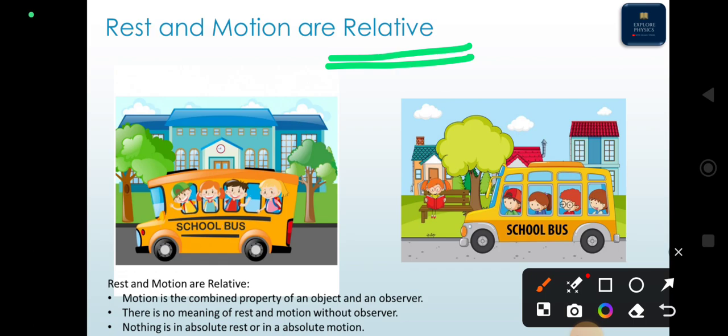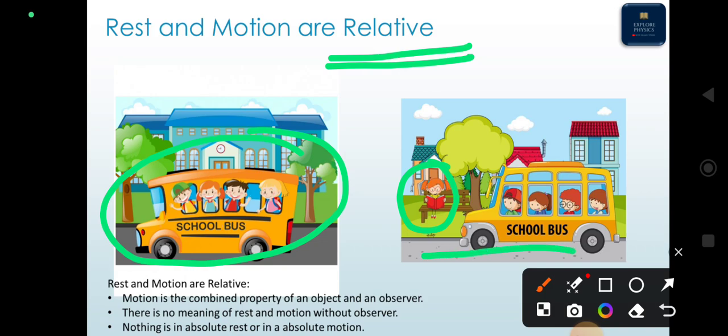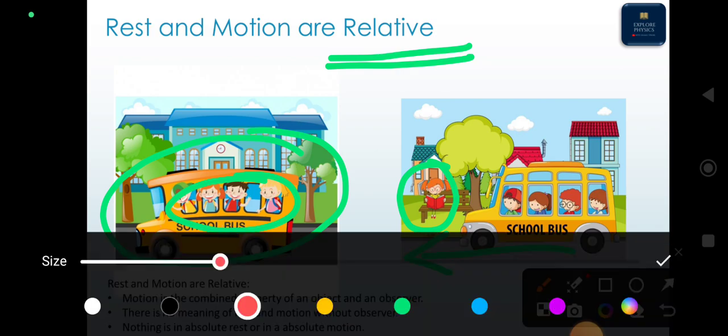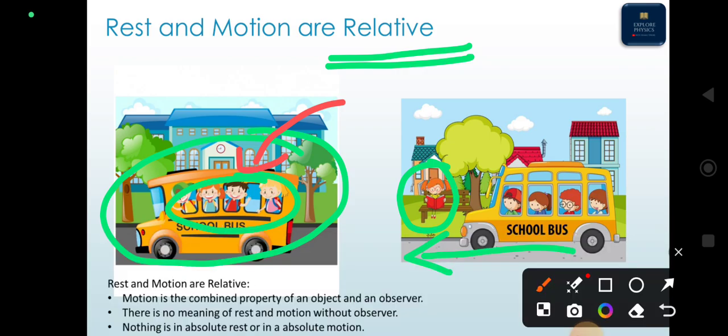Now according to us, this school bus is standing in front of the school, right? But according to this person, this school bus is moving, because the students inside the bus feel that they are sitting simply, they are not moving from one place to another place. Therefore, the people inside the bus, according to them, they are in the state of rest.